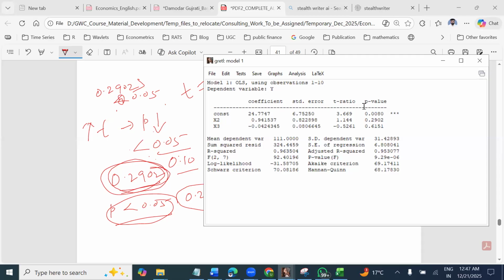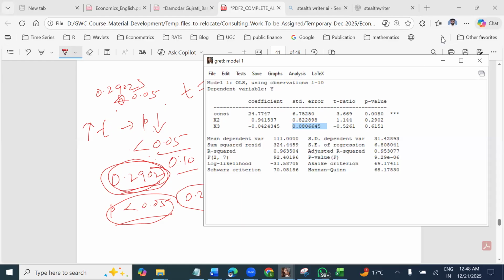The standard error is very low. You can see over here, standard error is low, but still the T ratio is not statistically significant. Are you getting my point? It means a high R square.